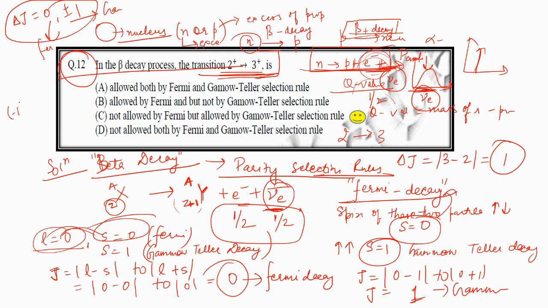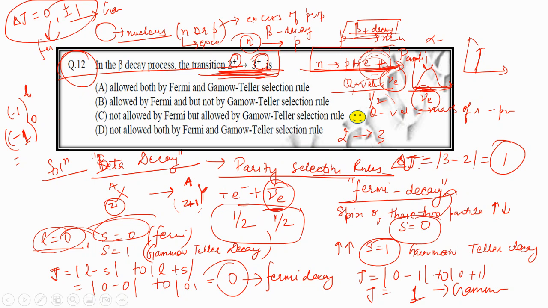You know parity is minus 1 raised to the power L, and L is how much? 0. So parity is not changing, right?